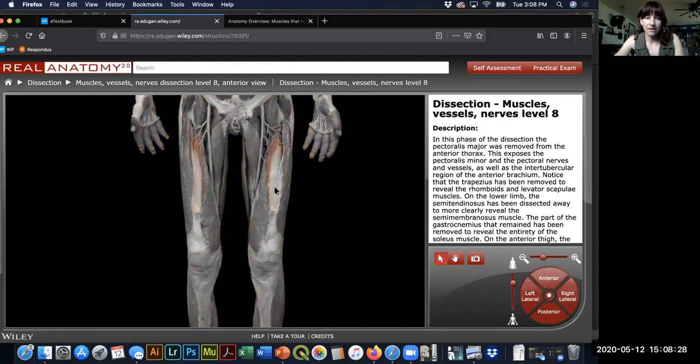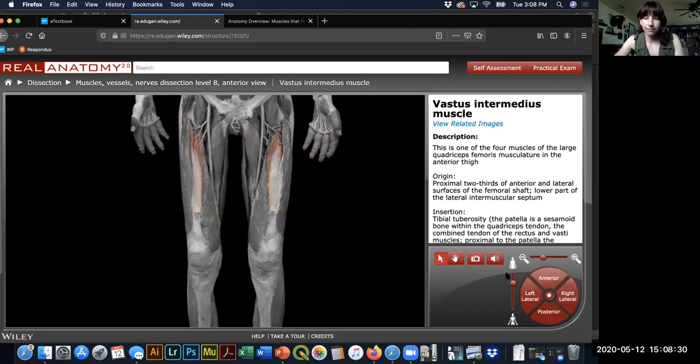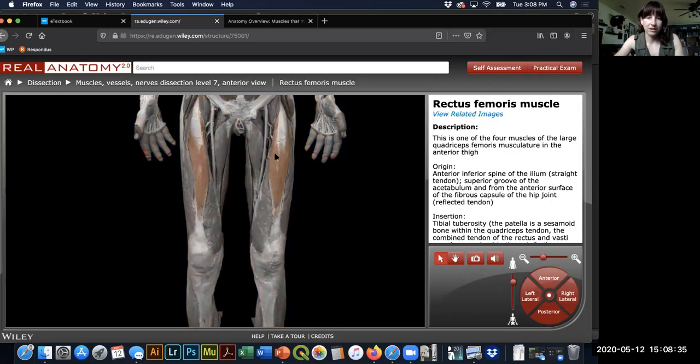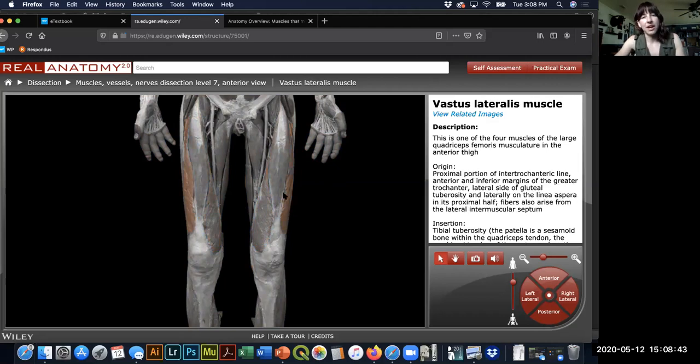We've got the vastus intermedius, just deep to the rectus femoris here. And then on the medial side, you have a vastus medialis, and on the lateral side, a vastus lateralis, which is nice, okay? Those are your four quadriceps muscles on the anterior side of your upper leg, okay?